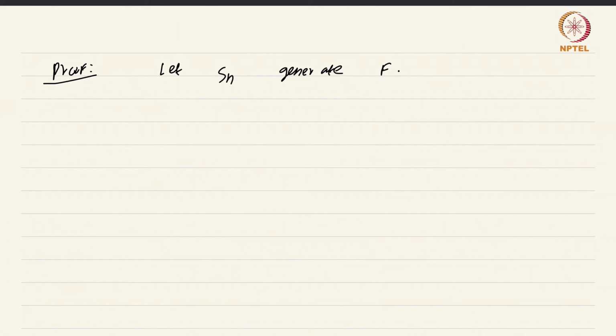Now I want to use this Sn to generate a sequence of positive step functions. So what I do is I look at the max of Sn and 0 and I call that Sn plus.